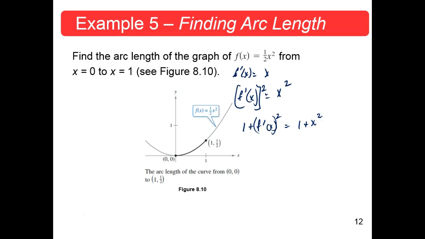And then the final thing you do with it is take the square root of it. So the square root of 1 plus x squared. Now here's your formula for arc length, if you remember. S is equal to the integral, and you're doing along x's, so it'll be 0 to 1 of the square root of 1 plus f prime of x squared dx.